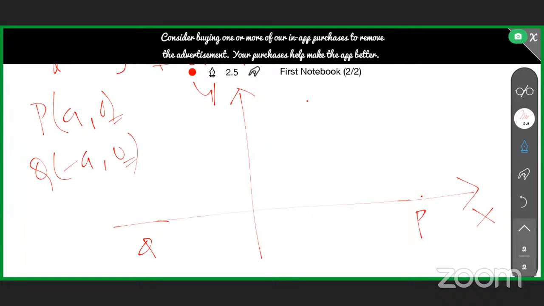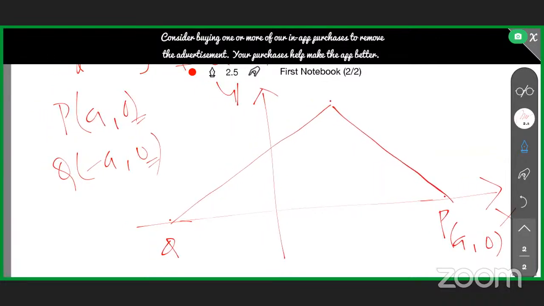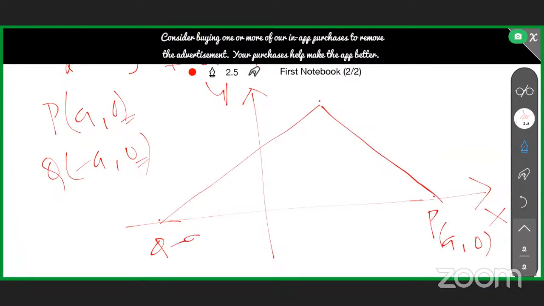Now, the question is telling us R is on one side of this PQ. So PQ is a line, and R is on one side. I'm joining these and making a triangle. This is (a, 0), and this is (minus a, 0).